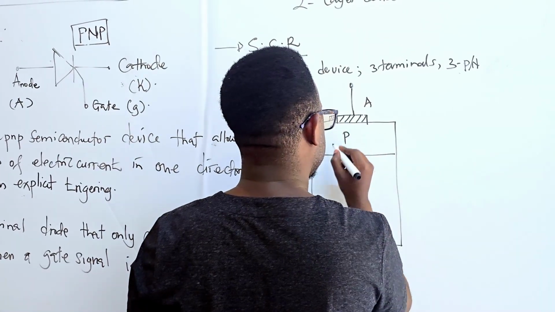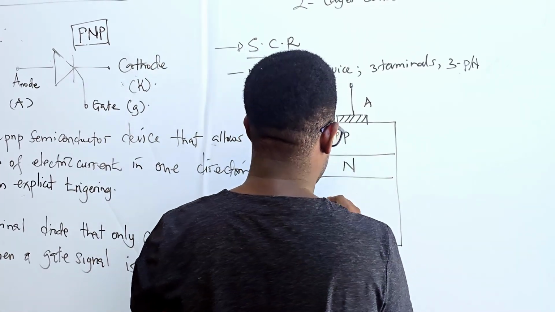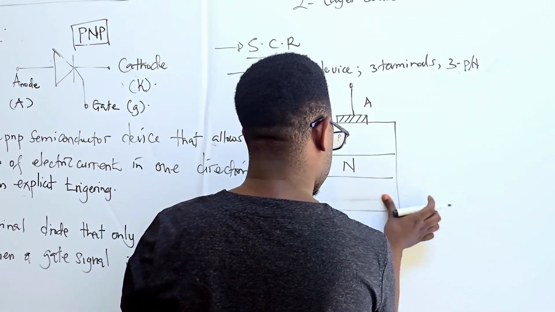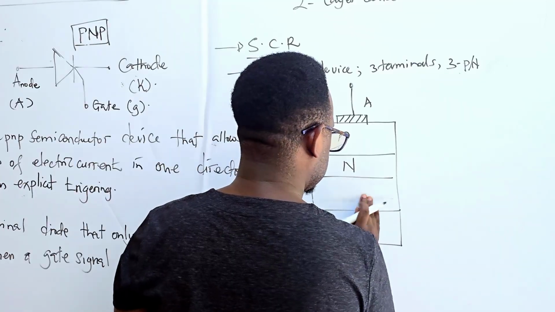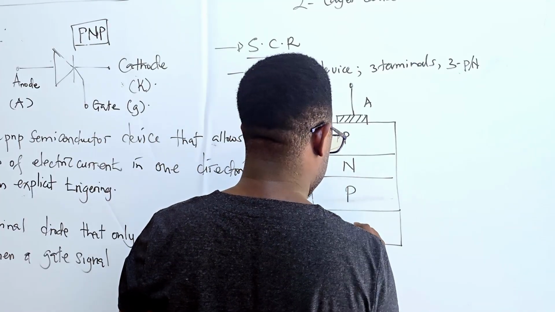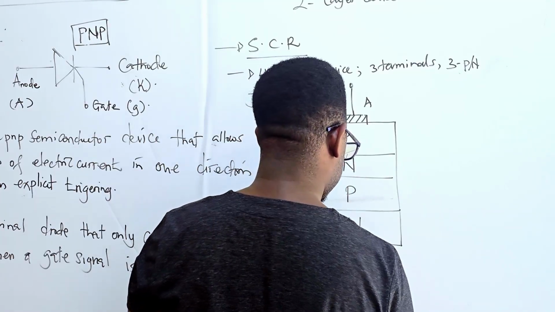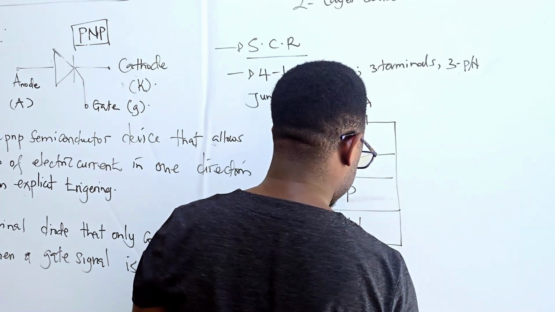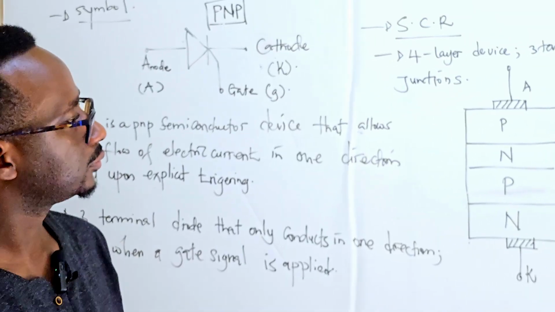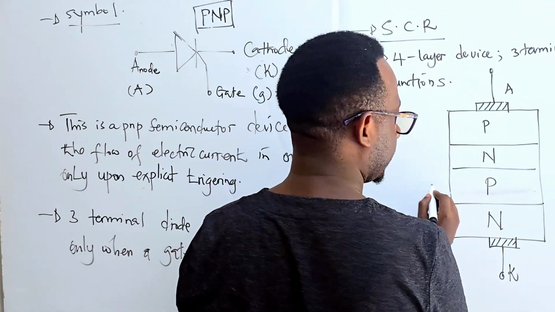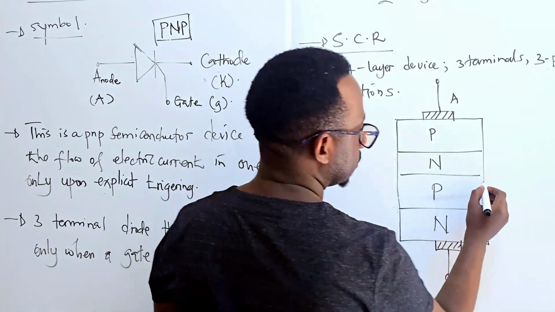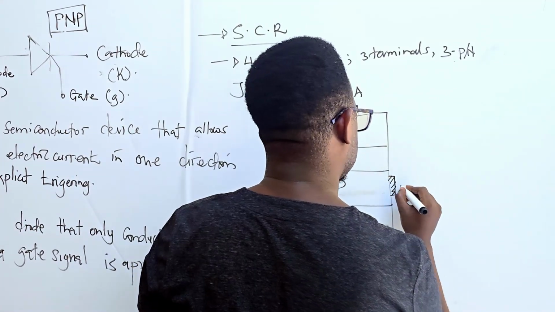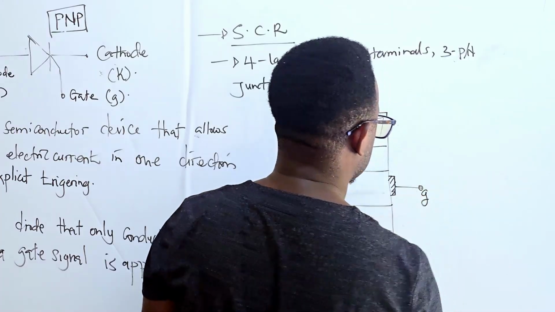It has P, N, P, N. So again, this is our cathode, and right around here, that's where we have the gate.